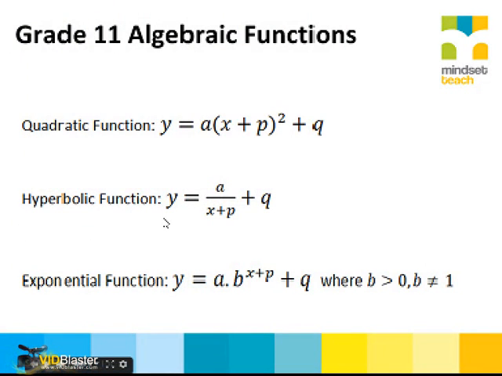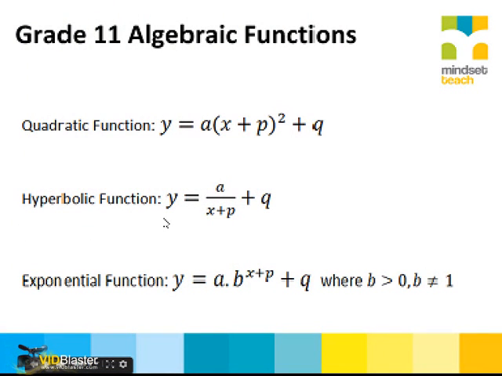In grade 10, learners were only expected to look at vertical shift, and now they're expected to look at horizontal shift as well. This can confuse quite a few. Hold on a second. They all say plus p, but when I was teaching it, they were minus p. What's happened?